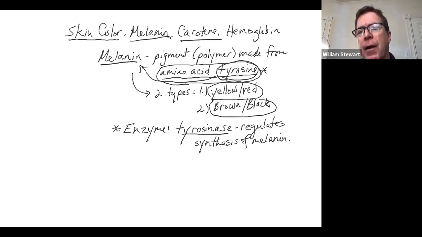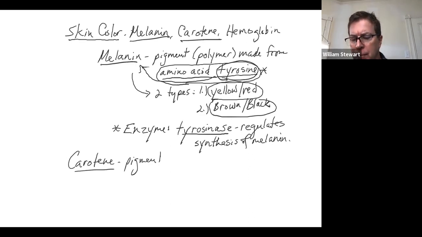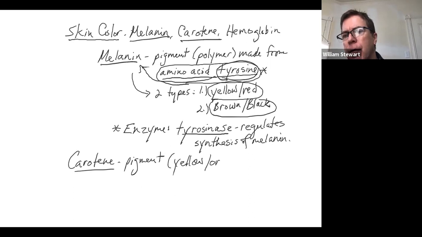Second, so we've talked about melanin. Let's mention a few things about carotene. Carotene is another pigment. It's yellow-orange in color. We find this pigment in plant products that we ingest.